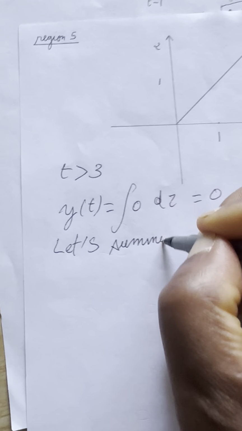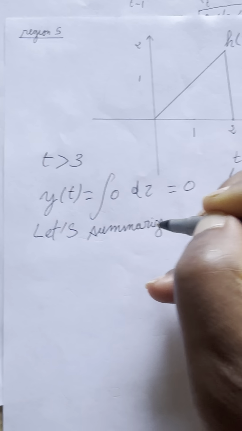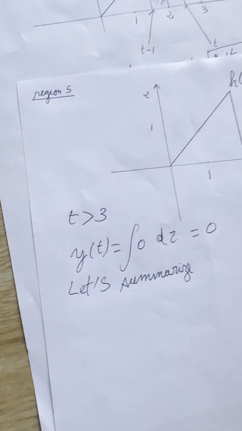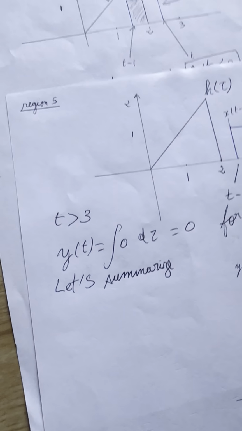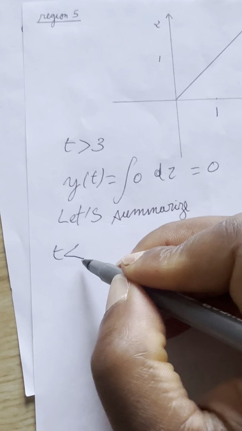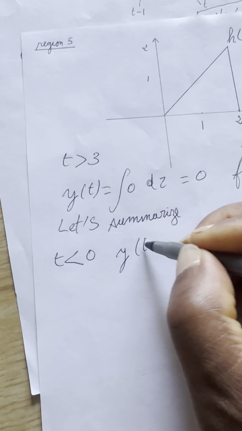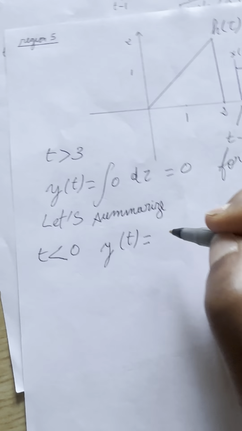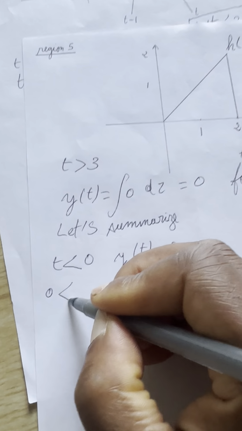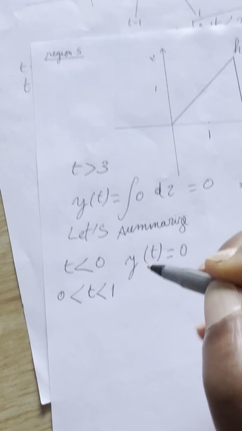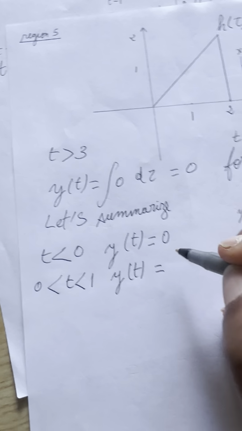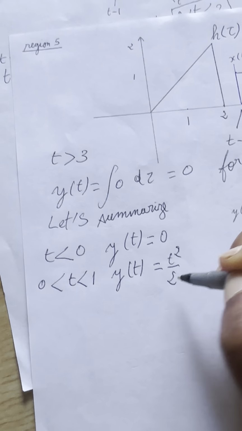So let us summarize all the values we found. First of all, for t less than 0, y(t) equals 0. For t between 0 and 1, y(t) equals t squared by 2.